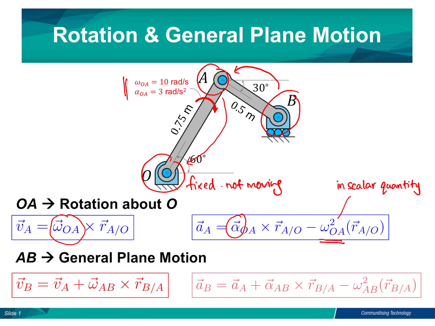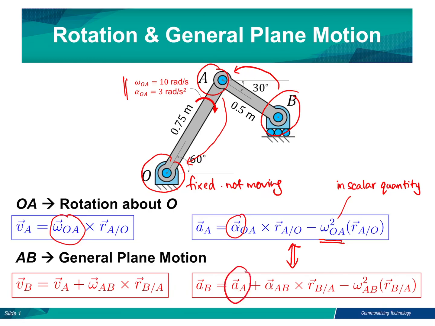When we want to calculate the acceleration of point B, then AB is equal to AA plus alpha AB cross product RB/A minus omega AB squared, in scalar also, times RB/A. Basically, you will notice that these two equations are almost similar, except for this part.